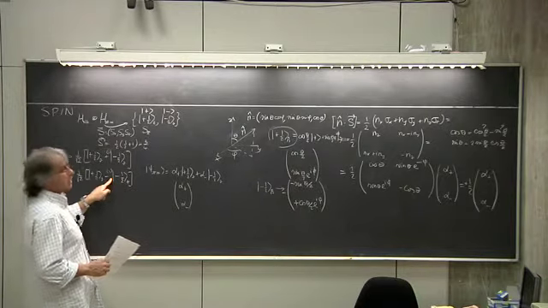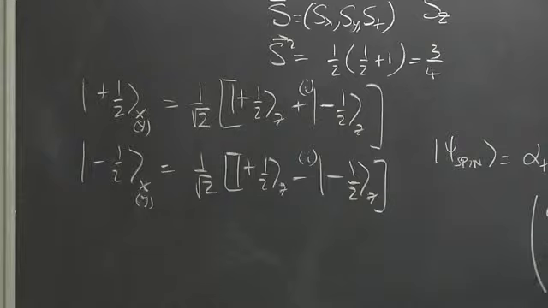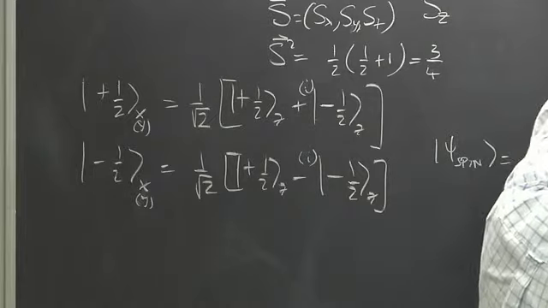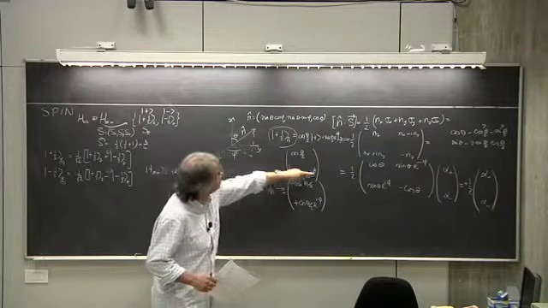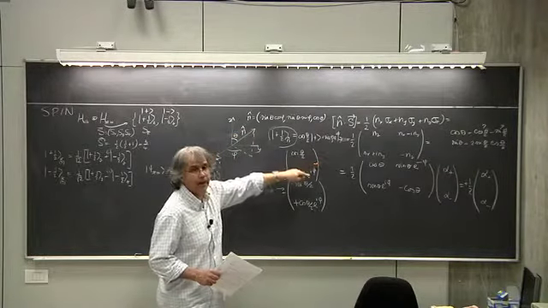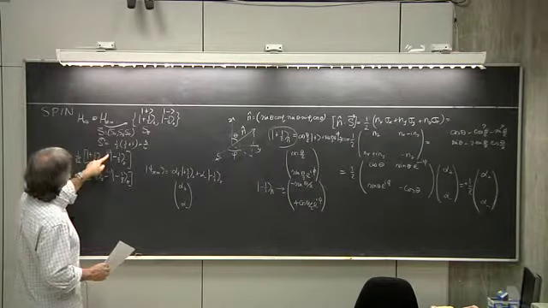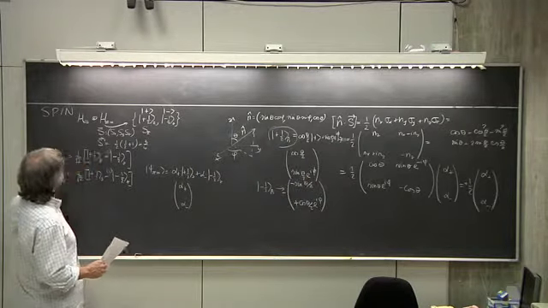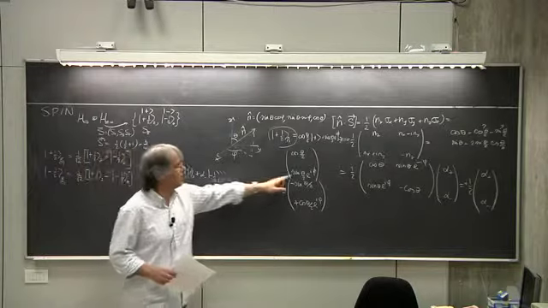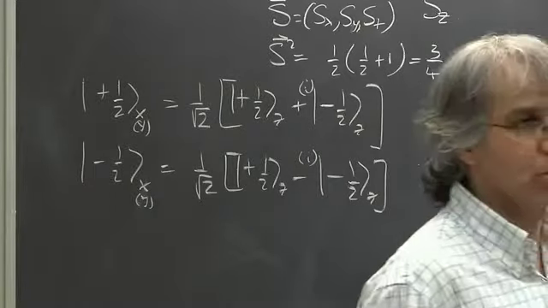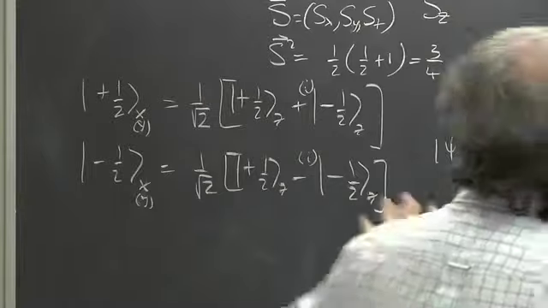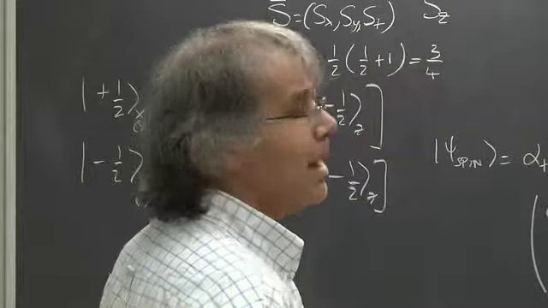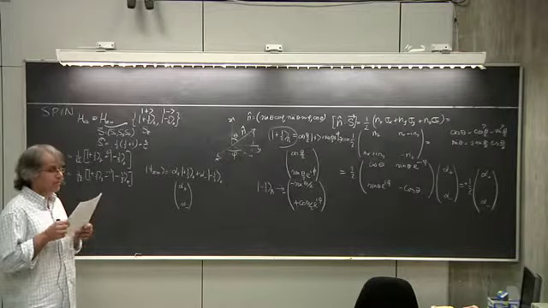Okay? And similarly, if you have theta equal to pi over 2 and phi equal to pi over 2, this gives you an i. Okay? So you have the eigenvector along y, which has the i here.